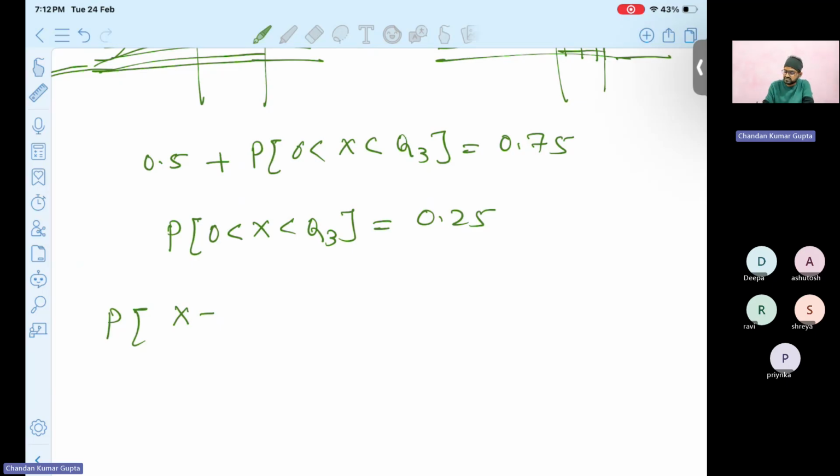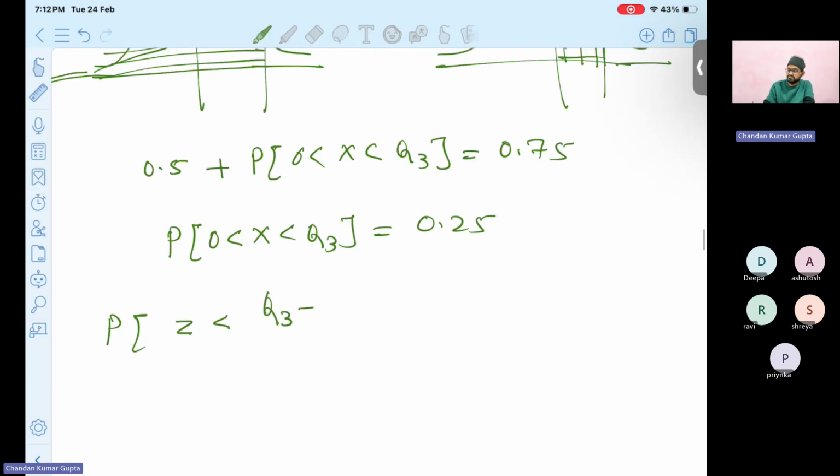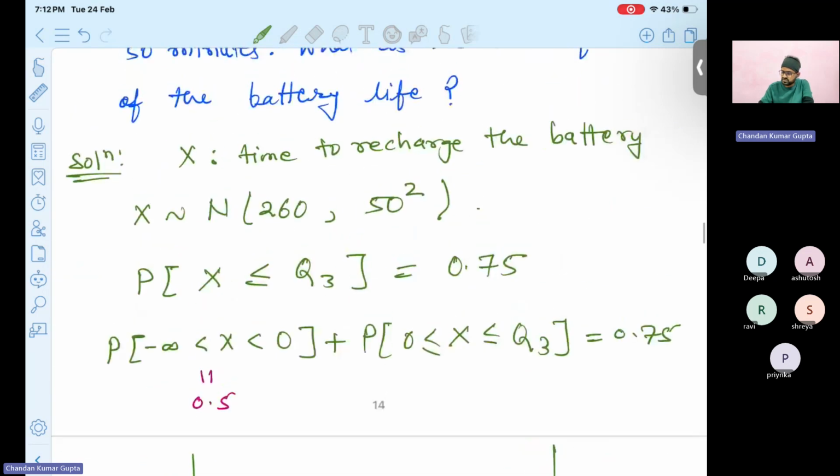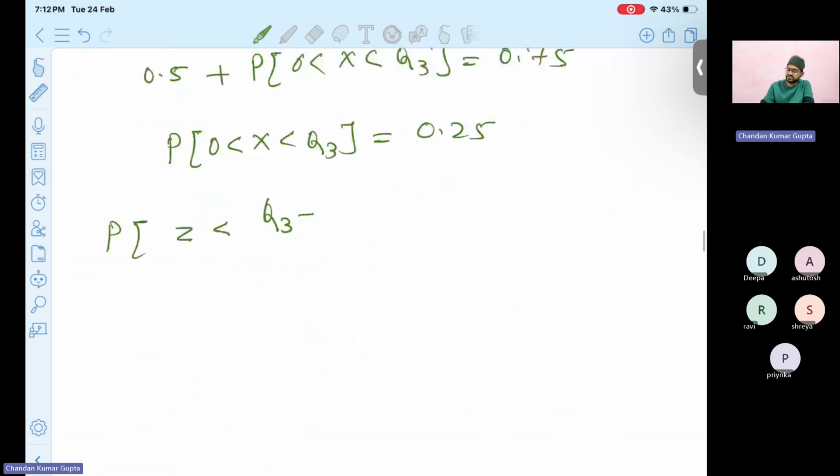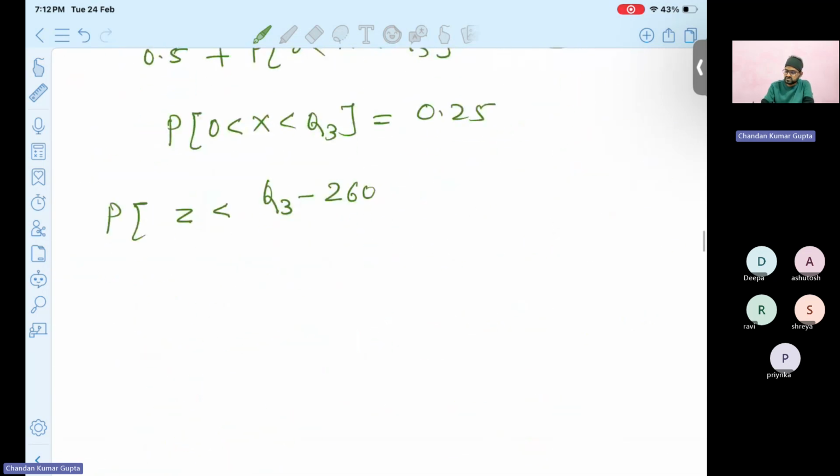So (x minus mu) upon sigma. Let me write it directly: the probability that Z is less than (Q3 minus mu) upon sigma. What is mu here? 260, and the standard deviation is 50. So (Q3 minus 260) upon 50 is equal to 0.25.